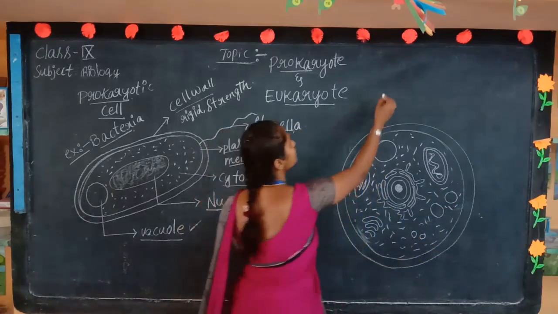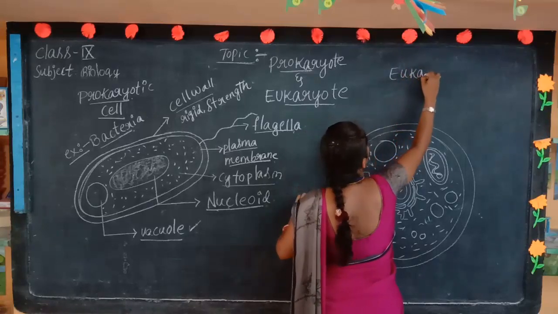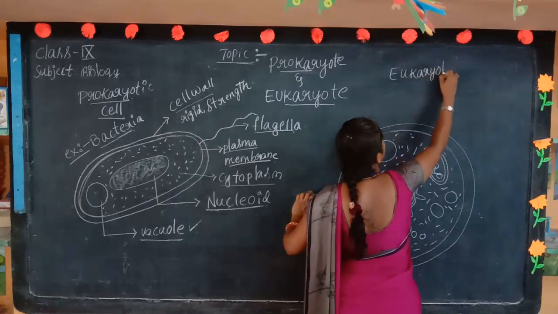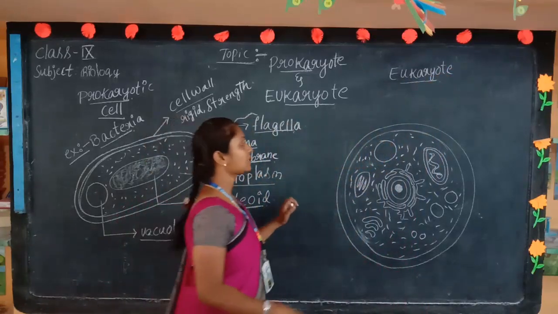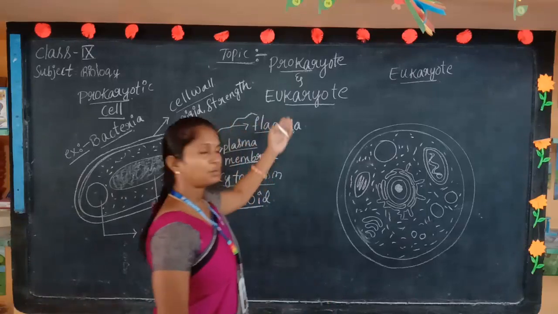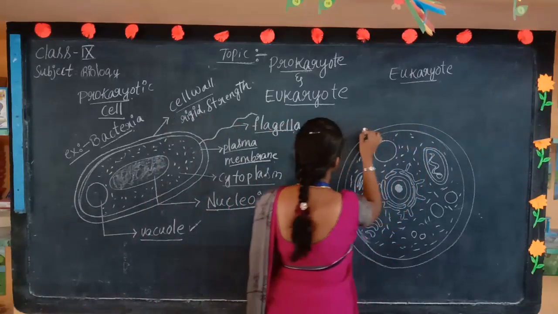Yes, this is the eukaryotic cell. For eukaryotic cells, we can take as an example a plant cell, animal cell, anything. The human cell also is nothing but a eukaryotic cell. Now here I am going to explain the parts.